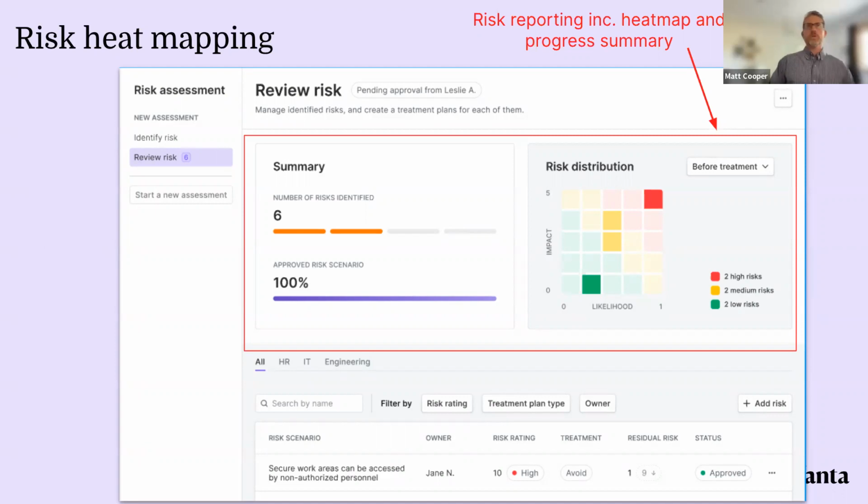That is a great question. I'm going to give you the classic consultant answer of it depends. So on the one hand, I would say yes, right? To the extent that we can integrate and have a common pane of glass, that benefits us. It simplifies things. You don't have multiple tools. And the information that's going to be relevant for your compliance is also relevant for your risk assessment.